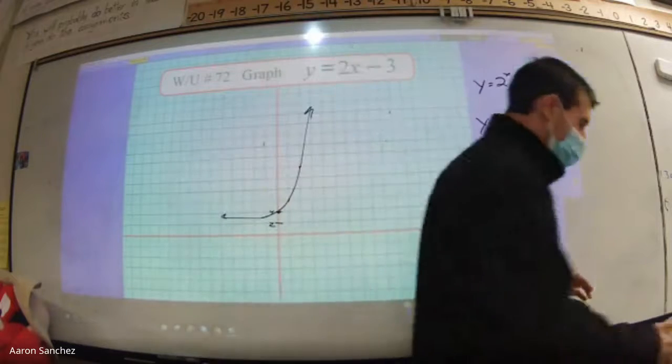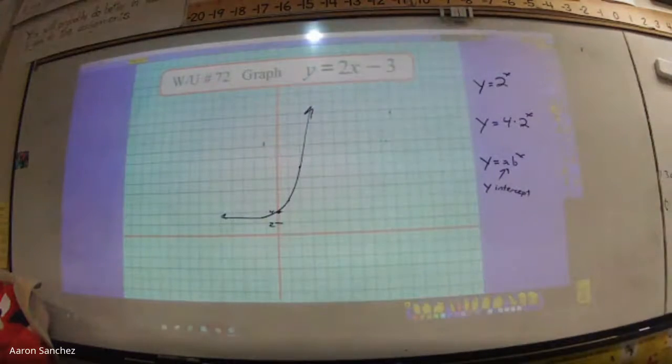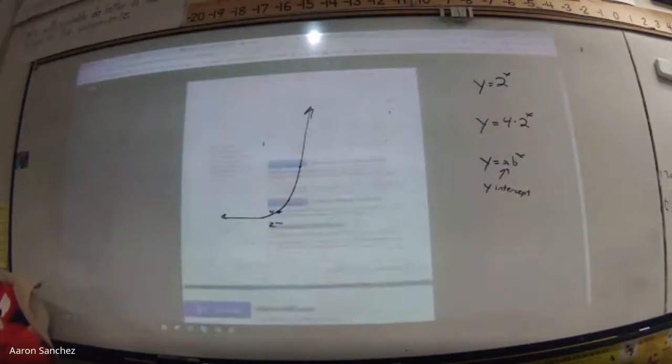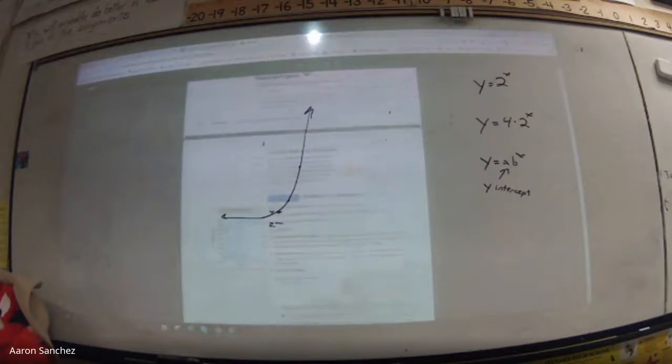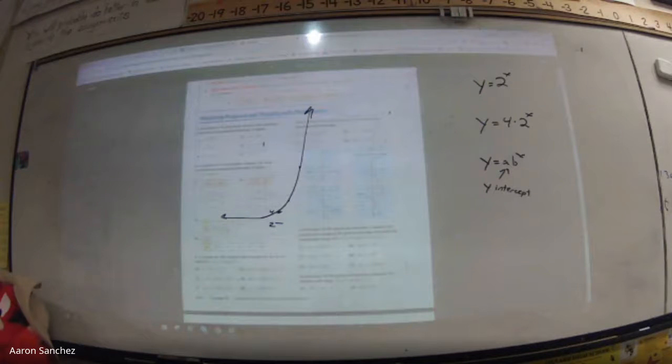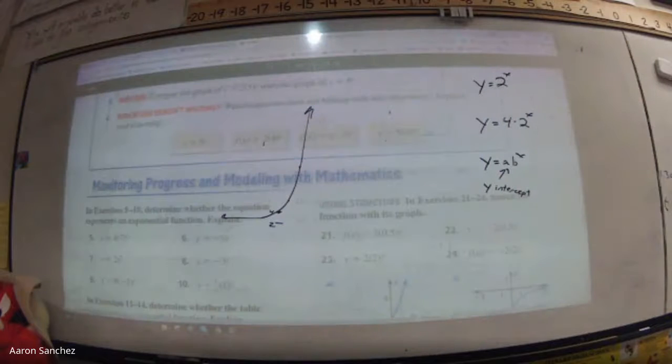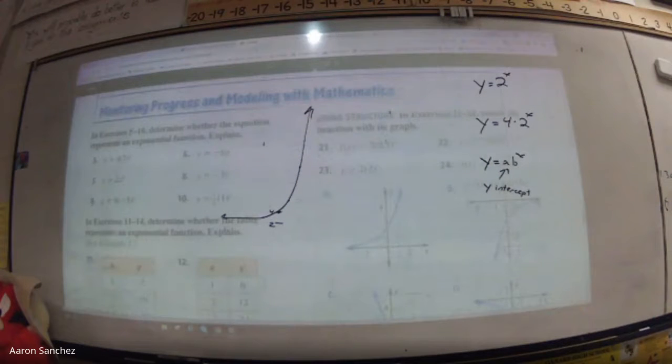So let's look at the homework assignment. I'm trying to close it up on the board here. We are going to go to, from yesterday's homework, problem 21. Try to make it real big.